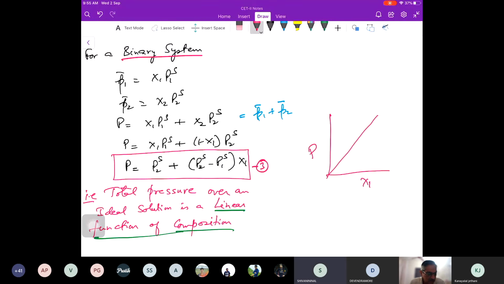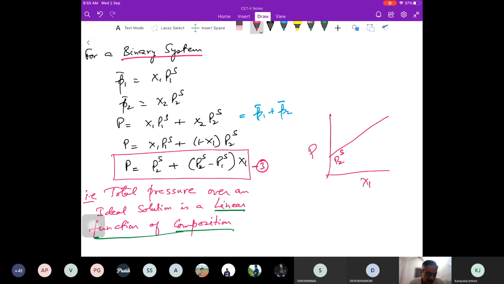Y axis कट करके आएगा, मतलब y-intercept कट करके आएगा. Y-intercept पे क्या आएगा? What is the y-intercept? P2s. Good. So the y-intercept is going to be P2s.